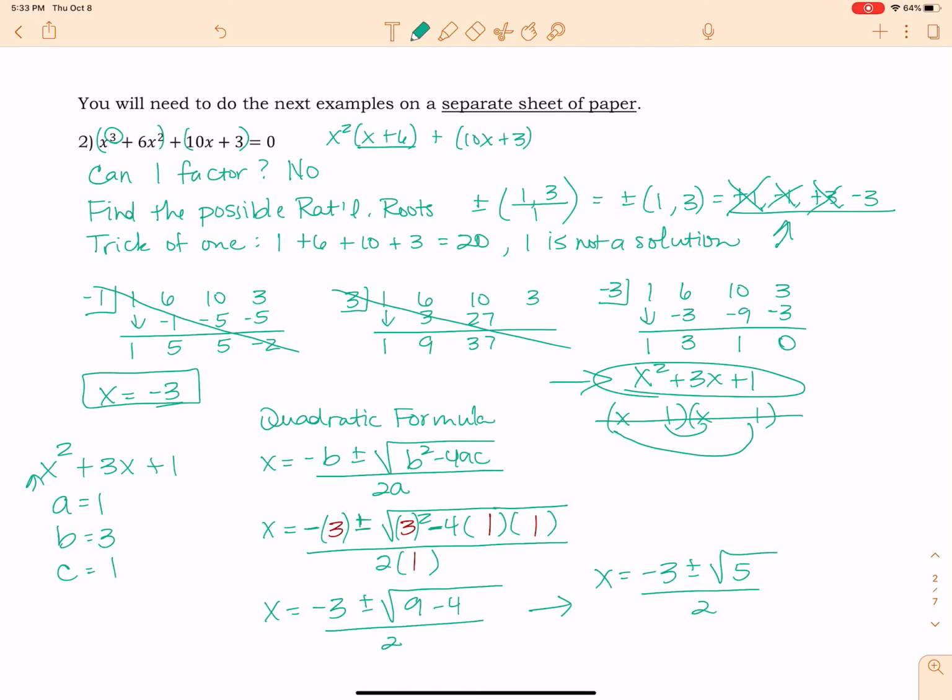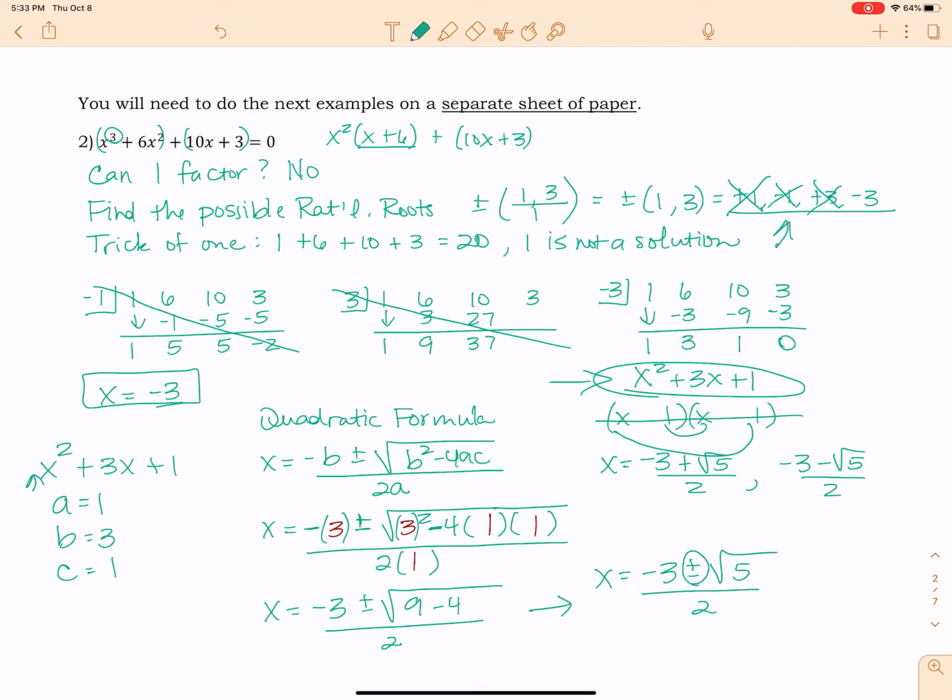Now we're just going to leave that square root in there. We don't have to find the decimal, but I want you to notice that because of the plus and minus, these are two solutions. So the other two solutions I have just found. X equals negative 3 plus the square root of 5 over 2, and X equals negative 3 minus the square root of 5 over 2.